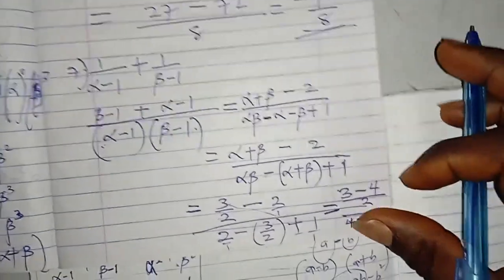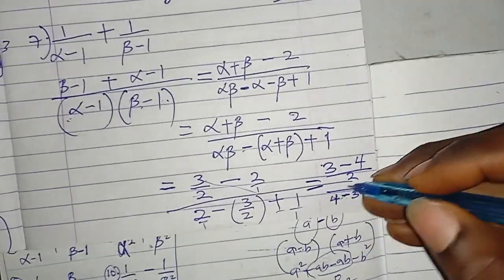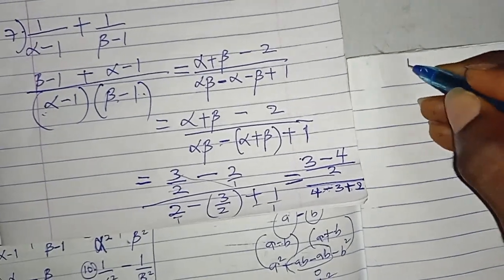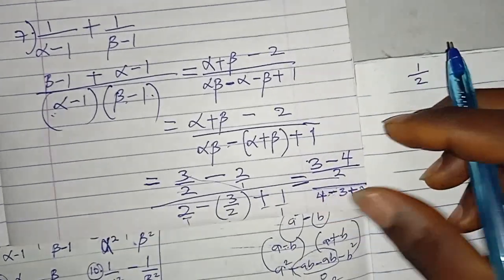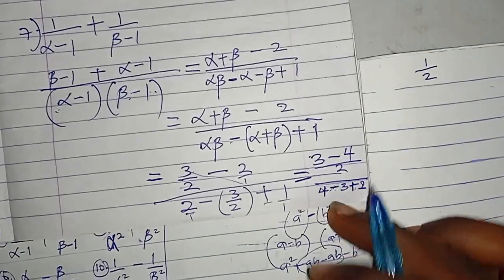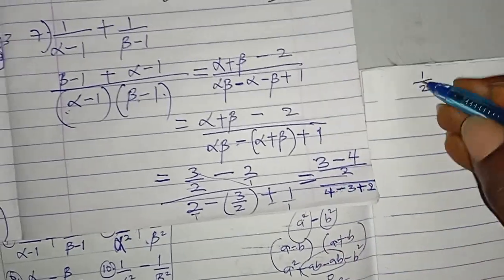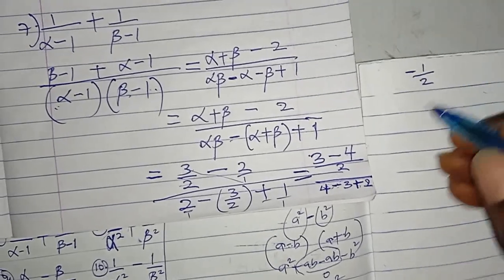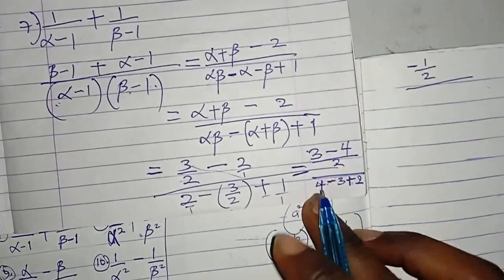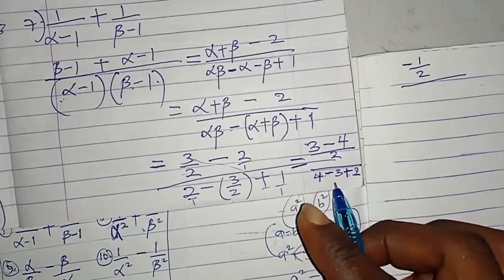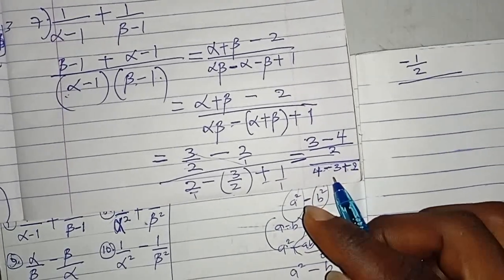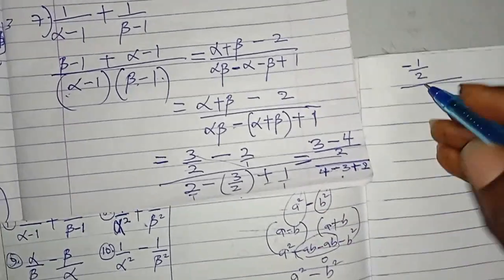So I have 3 minus 4 over 2 at the numerator, so minus 1 over 2, all over 4 minus 3 is 1, plus 2, 3.